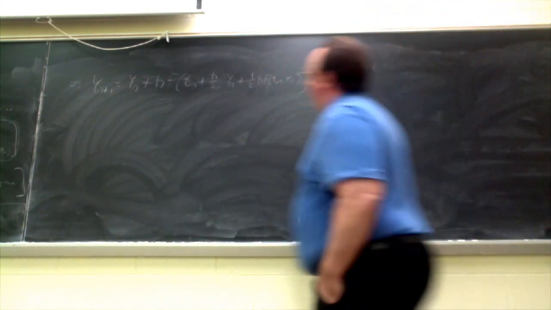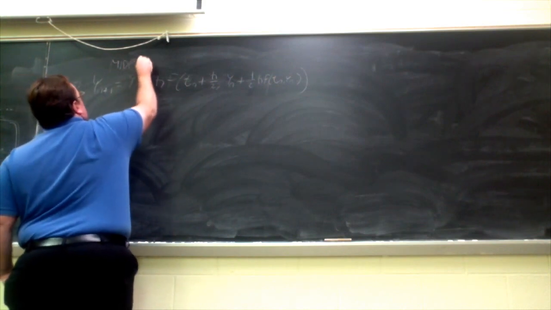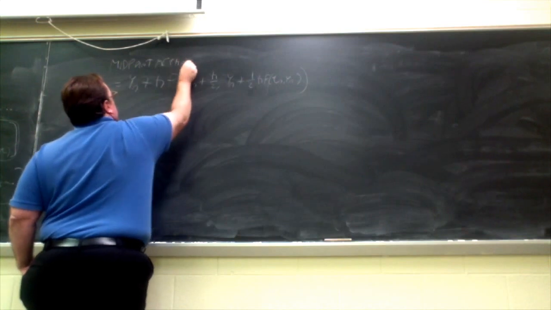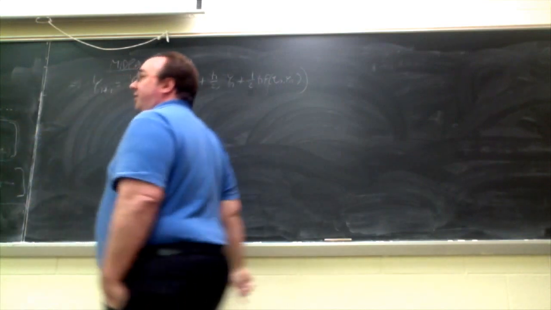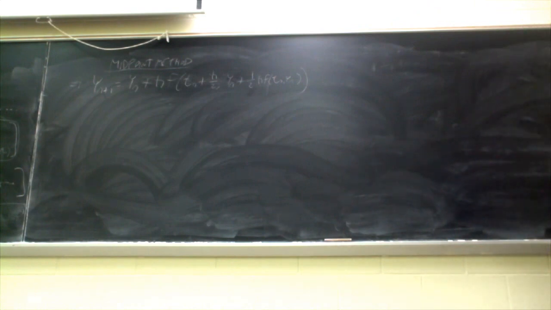This is actually called the midpoint method, because it resembles the midpoint rule from integration, just like the trapezoidal rule from last time, in both forms, implicit and explicit, resembled a trapezoidal rule for integration.